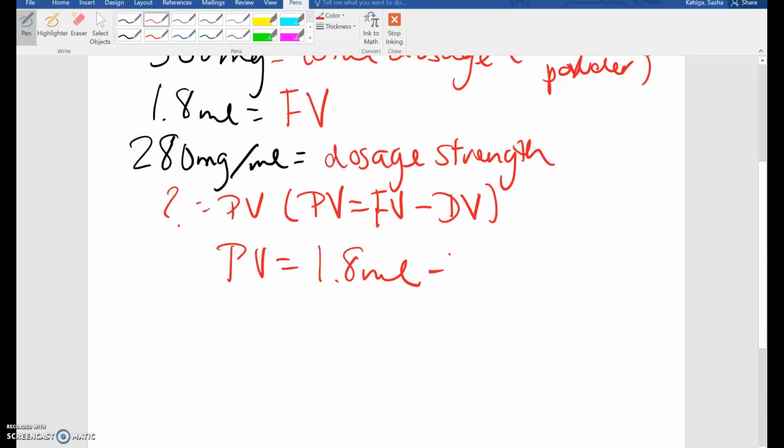Your diluent volume, for number 2, the question says, what is the powder volume for this medication given intramuscular? So what volume of diluent was given for an intramuscular solution? Well, it was 1.5 milliliters. That was my diluent volume. If you subtract the two, your answer is 0.3 milliliters.